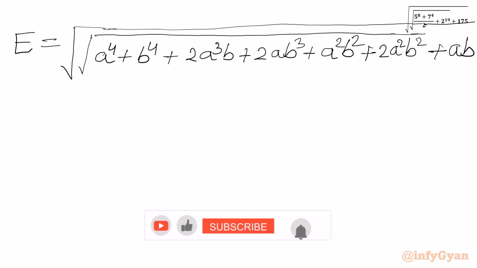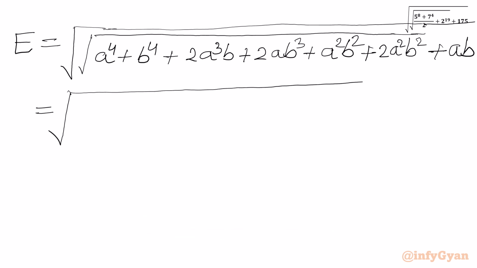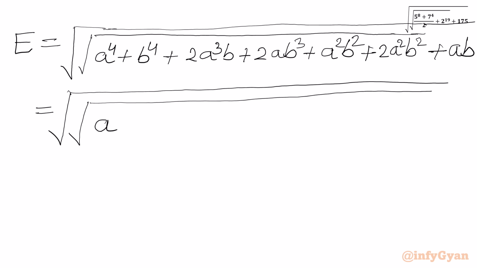Now we can write expression E equal to square root of. Now I will rearrange the terms. I will write A power 4 here. Then we can write B power 4.